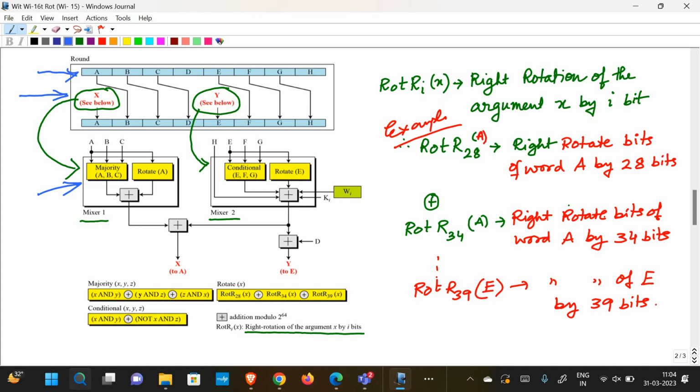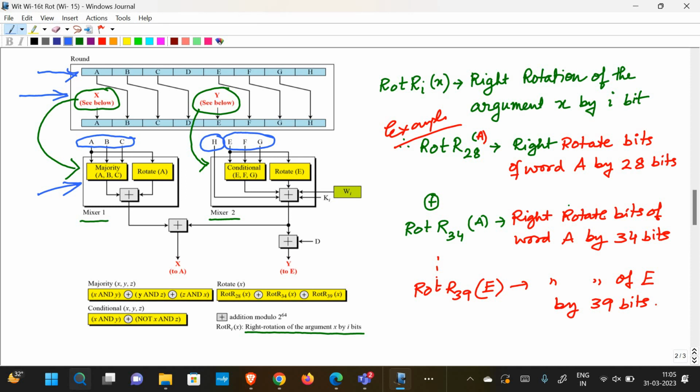One segment deals with the bits A, B, and C, and the next half deals with E, F, and G, and H is taken care of by an element. So we are dividing this into 2 specific operations. Each and every round of those 79 rounds will have this particular configuration.